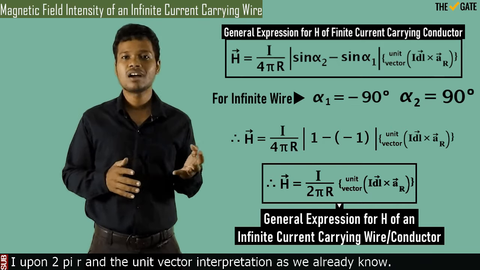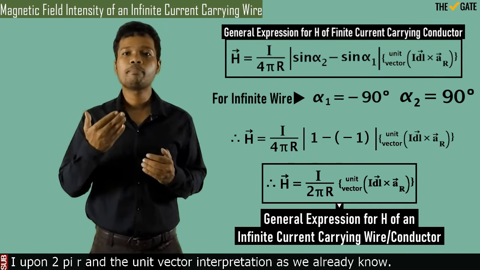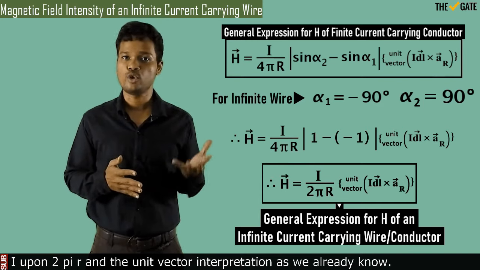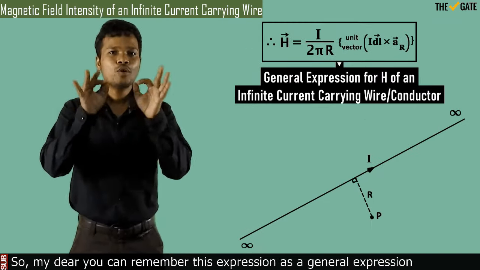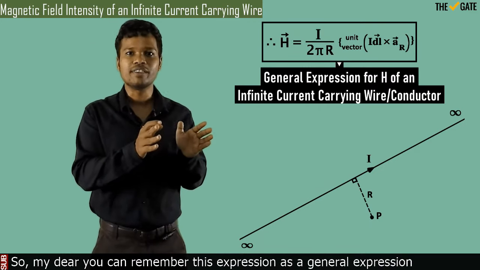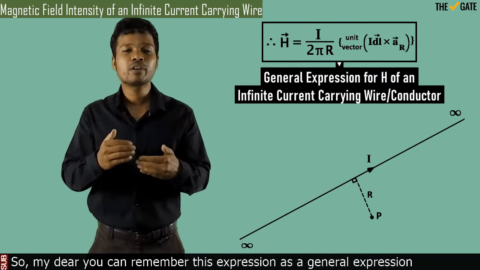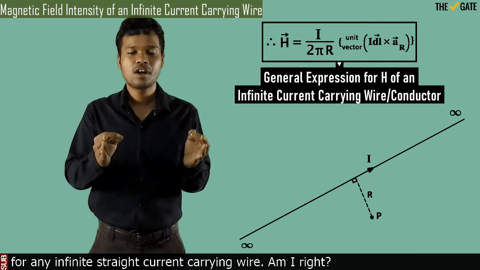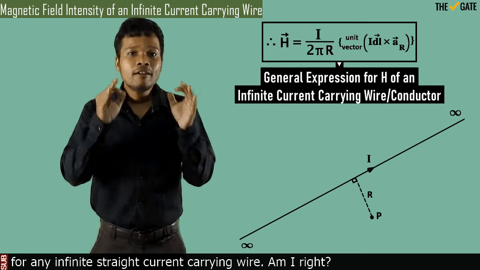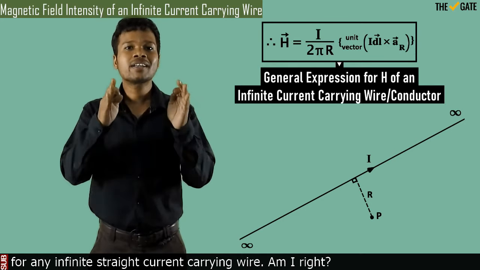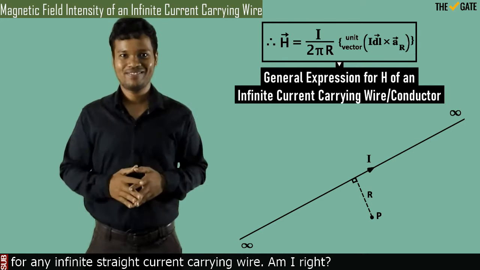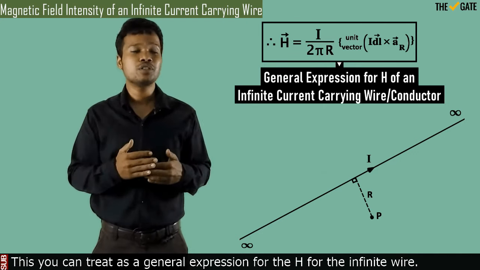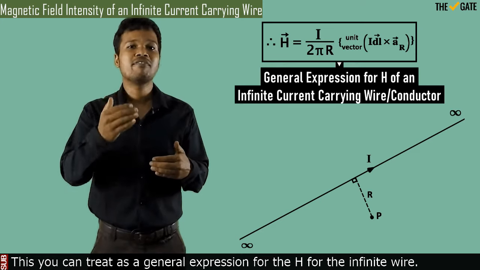Very simple: I upon 2 pi R, and the unit vector interpretation as we already know. So my dear, you can remember this expression as a general expression for finding magnetic field intensity H for any infinite straight current carrying wire. Am I right?